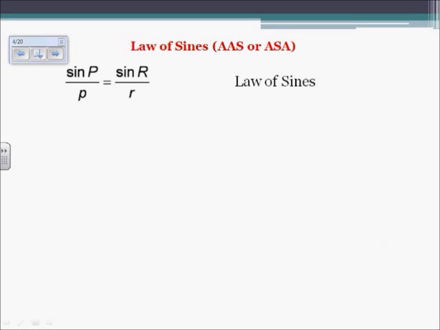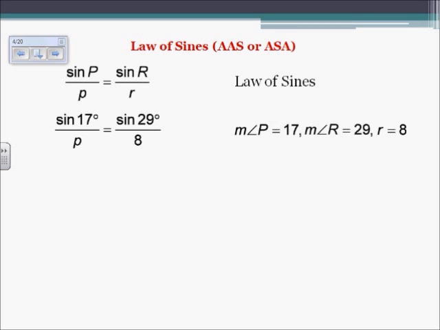Sine of P over p is equal to the sine of R over r. Applying the information from the previous picture, we know that the sine of 17 over p is equal to the sine of 29 over 8. Now, this goes back to our proportion solving from chapter 7, and we will cross multiply and solve.